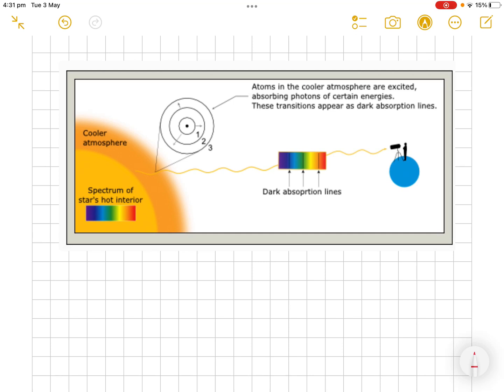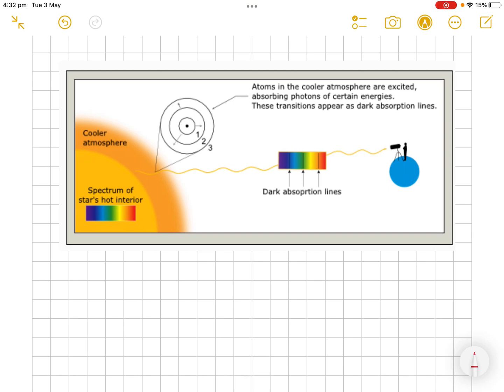And if you look at the energy level diagram there, the Bohr atom, what happens there is that electrons are excited and are promoted up to higher energy levels. These are transitions. And they therefore remove photons from the visible spectrum at specific energies which match the energy gaps. They're moving up through the energy differences. Therefore, you get a continuous spectrum with the dark absorption lines, and that's what the astronomer there on Earth is seeing when he observes this.